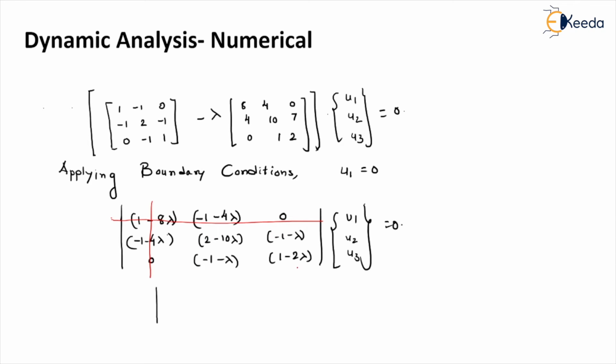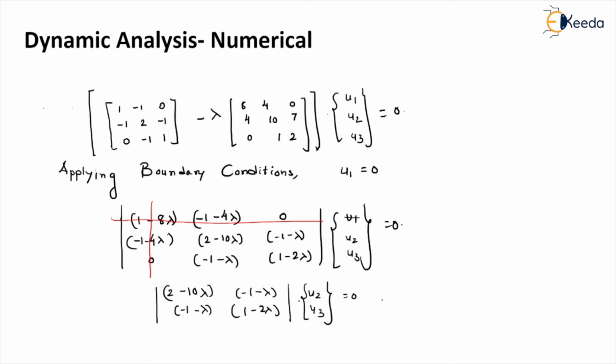So we have now a 2 by 2 matrix, which can be written as 2 minus 10 lambda, minus 1 minus lambda, minus 1 minus lambda, 1 minus 2 lambda, into u2 and u3 vector equal to 0. Here u1 gets cancelled.